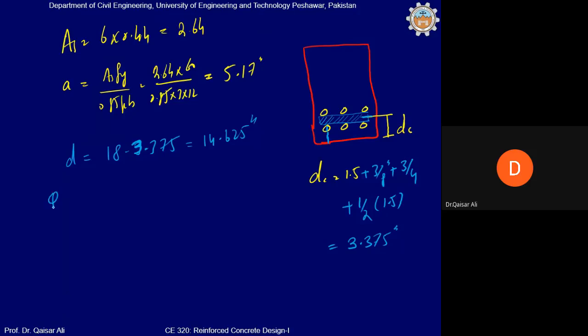Okay, now calculate the actual flexure capacity, which will be equal to 0.9 multiplied by As, 2.64, into 60, into d minus a by 2.